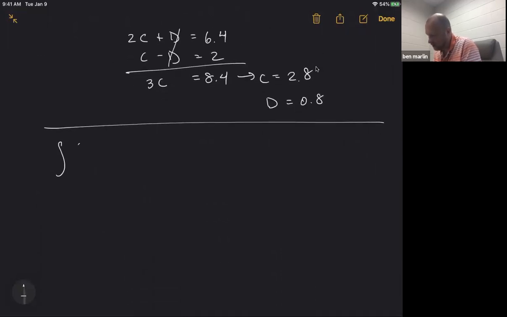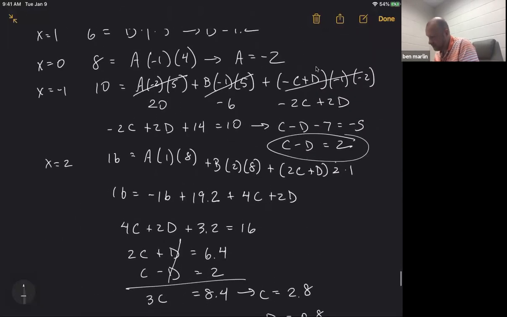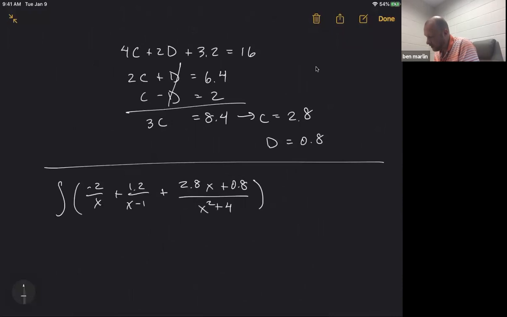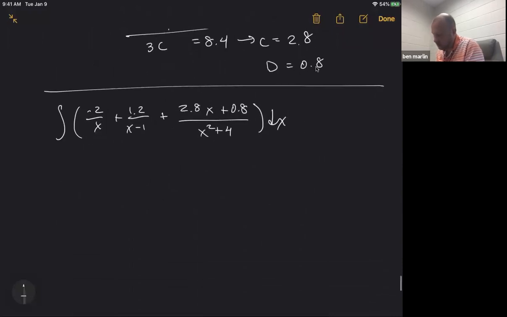So a was negative 2. b was 1.2. Plus 2.8x plus 0.8 divided by x squared plus 4 dx.